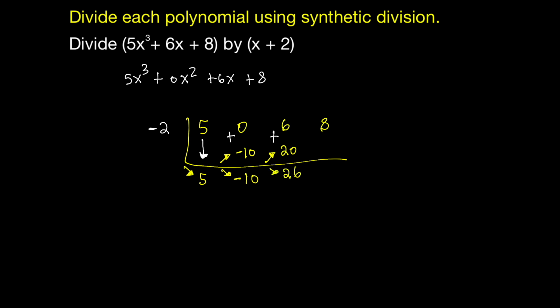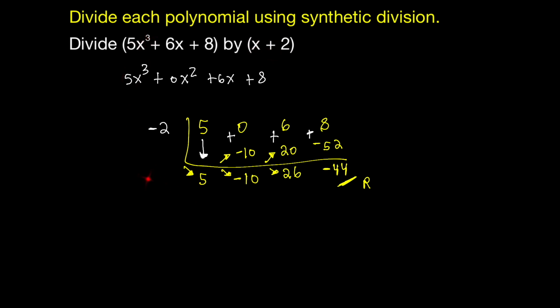And now I'm going to multiply again. So negative 2 times positive 26, we're going to get a negative 52. And finally, I'm going to add my last column, which is 8 plus negative 52, and that's going to give me a negative 44. And remember that this value at the end is the remainder, and we're going to put it over x plus 2.